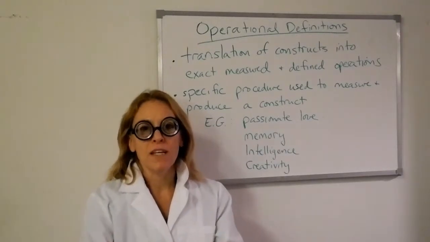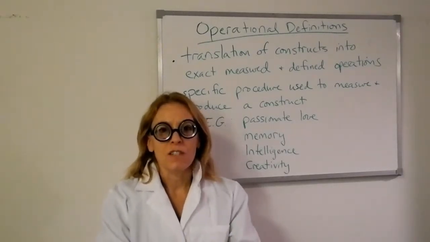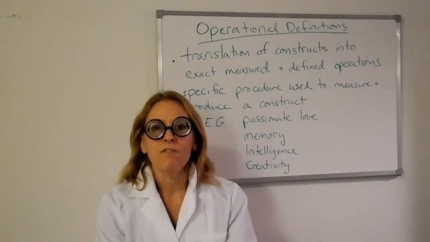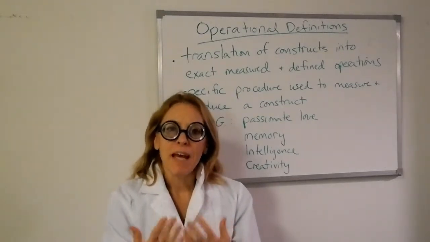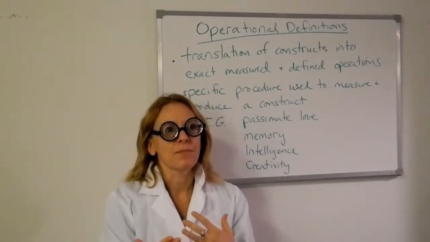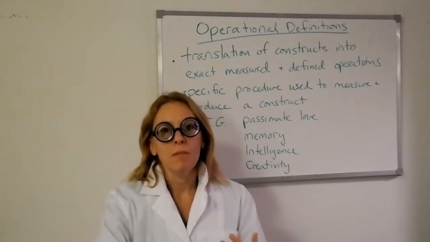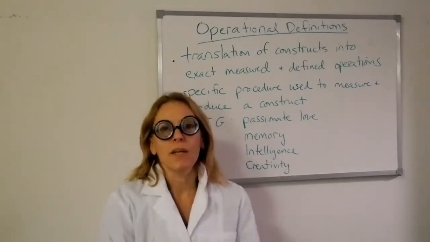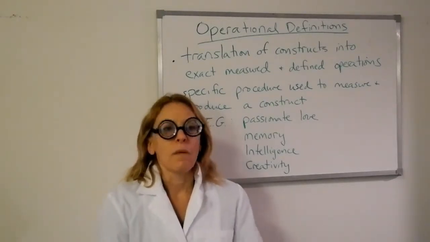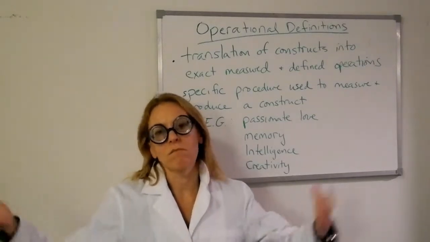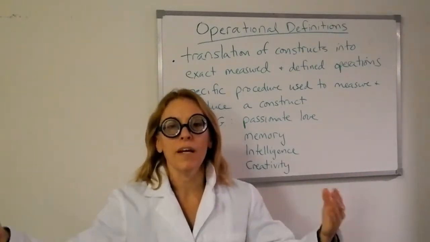So hopefully you understand then that operational definitions can be very fun to come up with. They have to be accurate. They have to be something that other people will agree on. You can't say that creativity is memory. You can't just haphazardly choose some random thing.